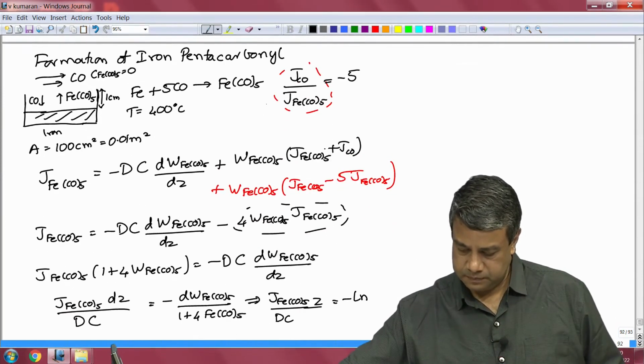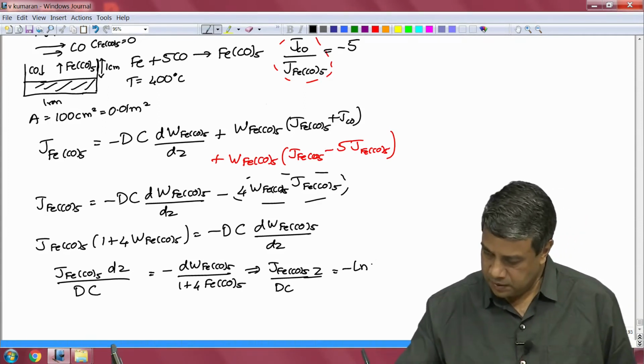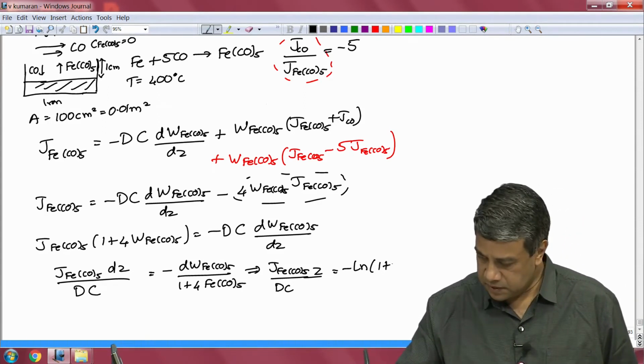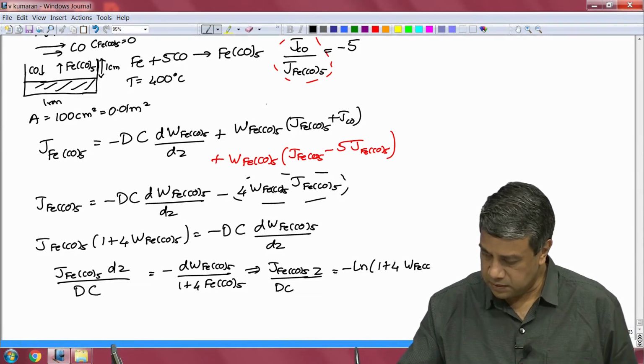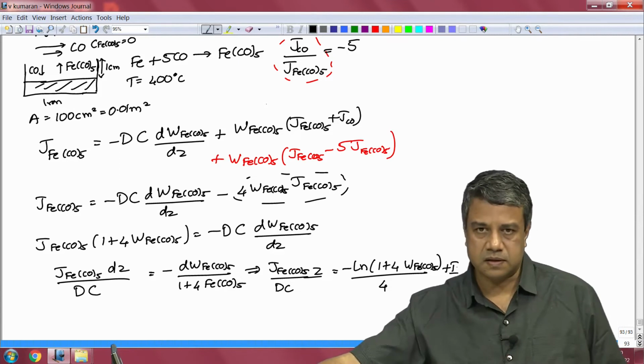So, I will use ln of 1 plus 4 W FeCO5 by 4 plus an integration constant.